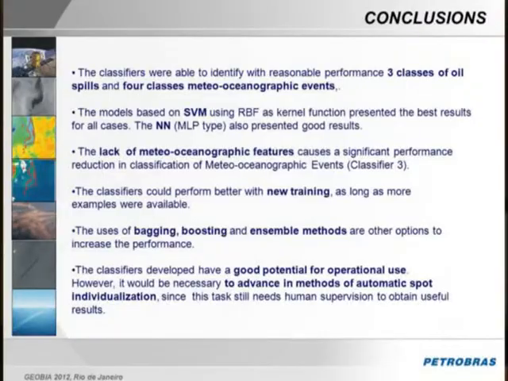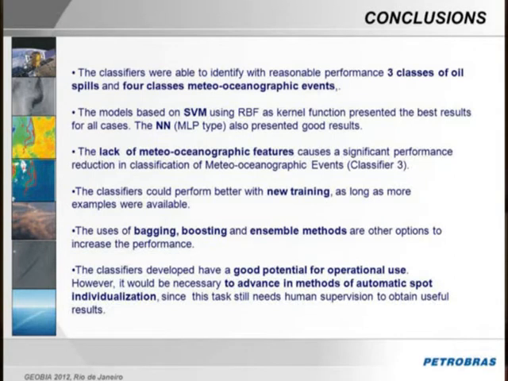So to conclude, the classifiers were able to identify with reasonable performance 3 classes of oil spills and 4 classes of meteo-oceanographic events. The models based on support vector machines using a radial basis function as kernel presented the best results in all cases. The multi-layer perceptron neural networks also presented good results.